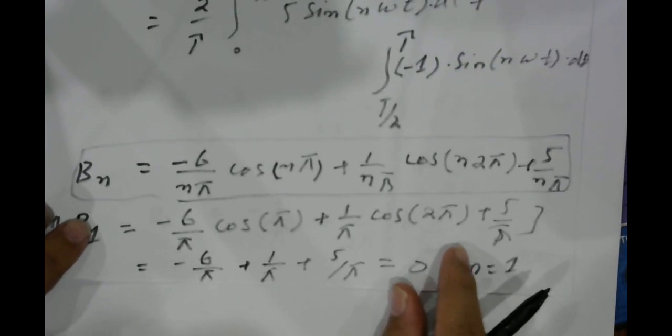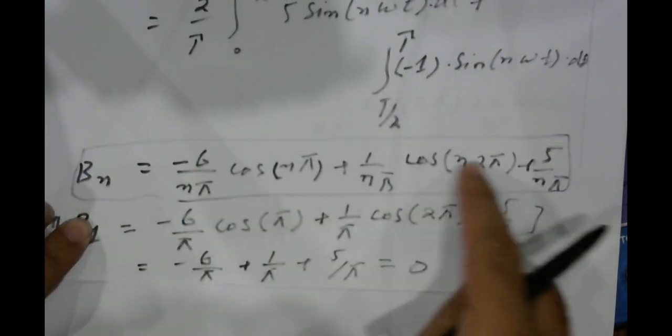So 2 pi, 2 pi, everything is common. So 5 plus 1 is 6, minus 3 is 3. So this becomes 3 by 2 pi. Clear? This is b2.